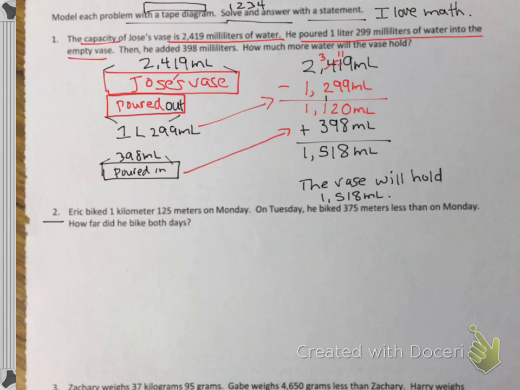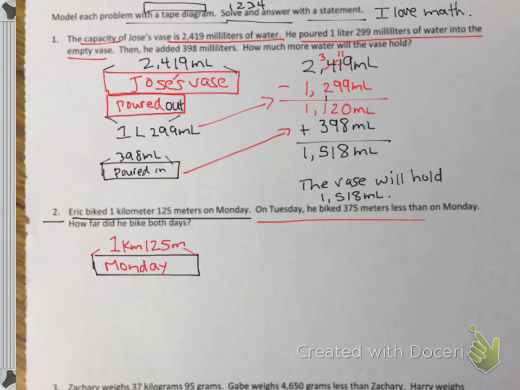All right, let's work with 2. So Eric biked 1 kilometer and 125 meters on Monday. Let's put that in. Awesome. So 1 kilometer and then 125 meters on Monday. On Tuesday, he biked 375 meters less than Monday. All right. So he biked a little less on Tuesday.